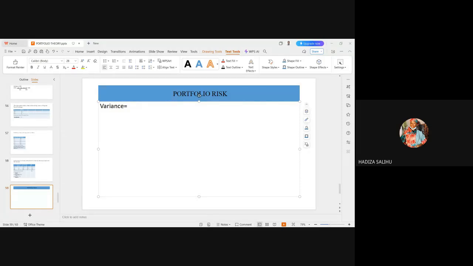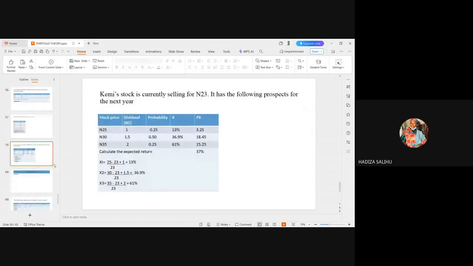Can we calculate it as 0.25 times 0.13? Yes, you can do it. Once you get your result, you just multiply by 100 to have it in this way. Or you can do it with your final figure. All right. Thank you, sir. 0.13, yes.